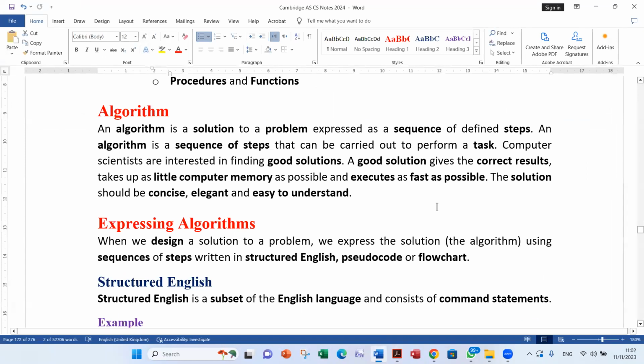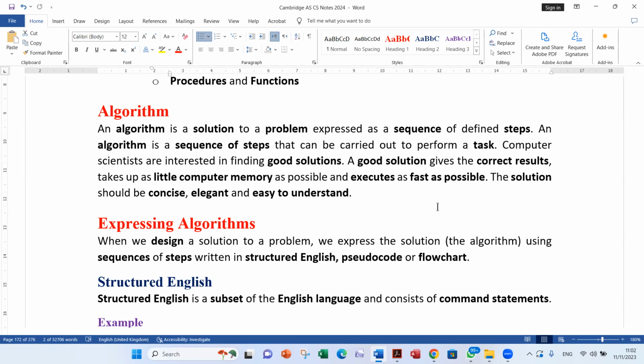And then let us talk about algorithms. An algorithm is a solution to a problem expressed as a sequence of defined steps. An algorithm is the design of the program, not the program itself. Okay? Algorithm, and we will spend the whole year studying algorithms.